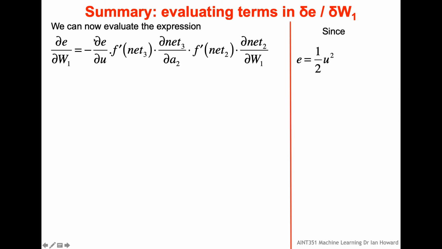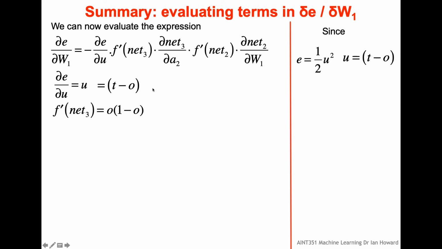So we've got the dE/dU term that we've got to get rid of, right? So let's look at it: E equals half U squared, and U equals target take away output. So U is, again, the intermediate variable. So that's really easy to calculate dE/dU because that's, again, just like it's always been, T minus O. So we know in this case that the output f prime of net3, that's the output sigmoid.